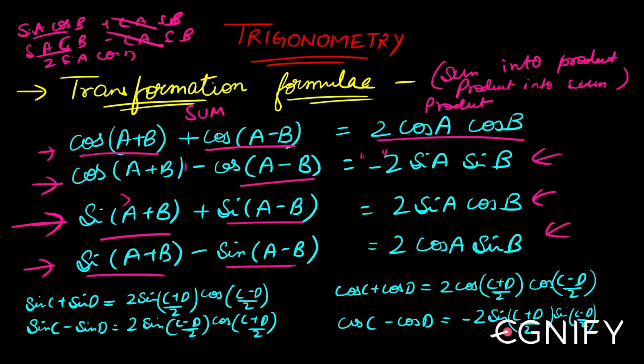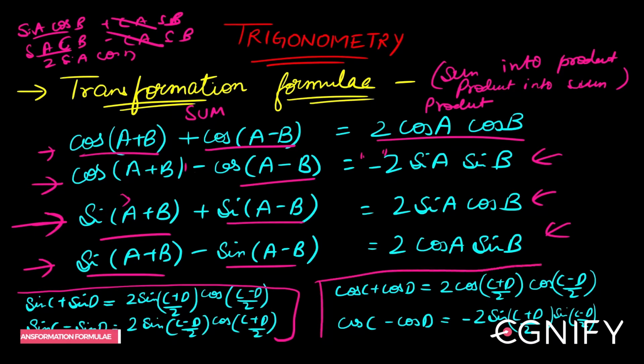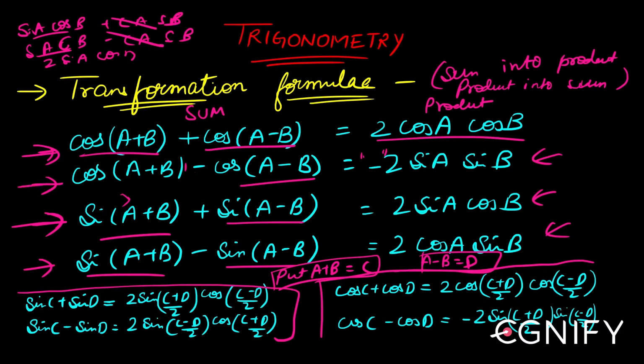So finally, what you need to remember is these 4 formulas, these two and these two. How will you get them? If you put A plus B equal to C and A minus B equal to D in these 4, you'll get these 4 formulas.